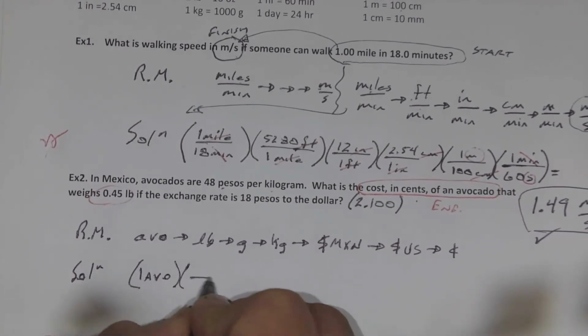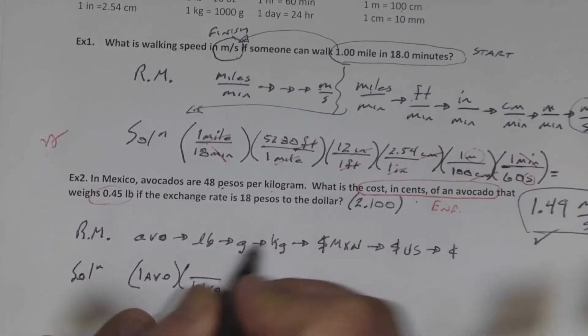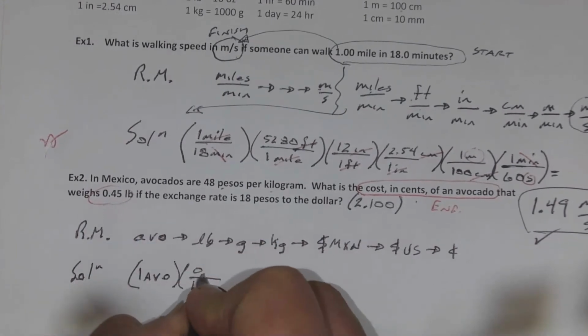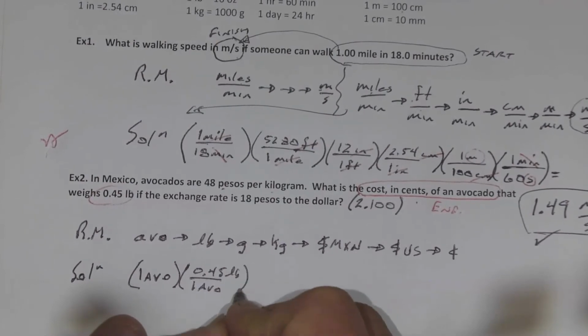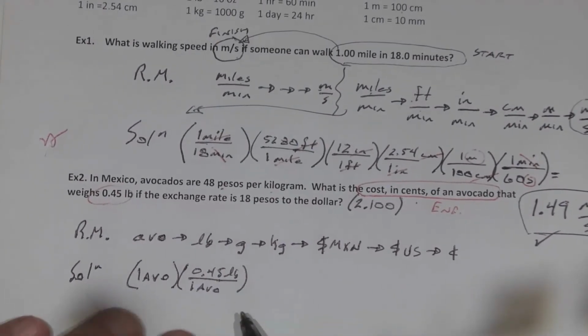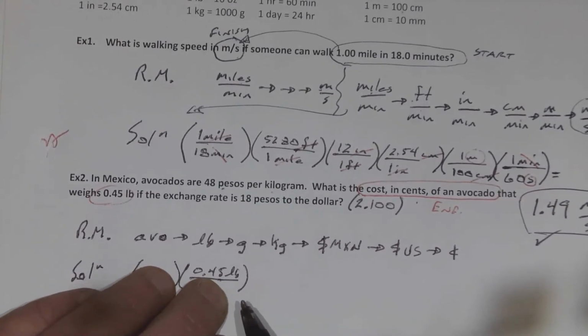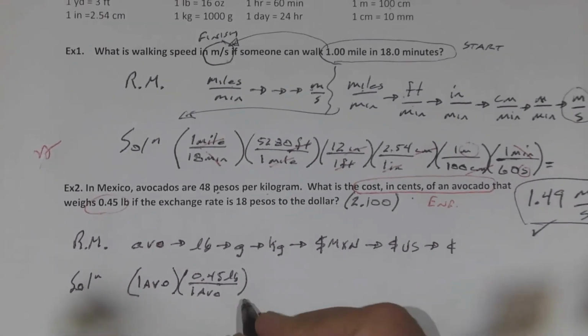And I have that 1 avo is 0.45 pounds, wherever we set it, 0.45 pounds. And again, I could have ignored the avo and just started with 0.45 pounds. And as long as I was comfortable with having done that, I'll still get the same answer.